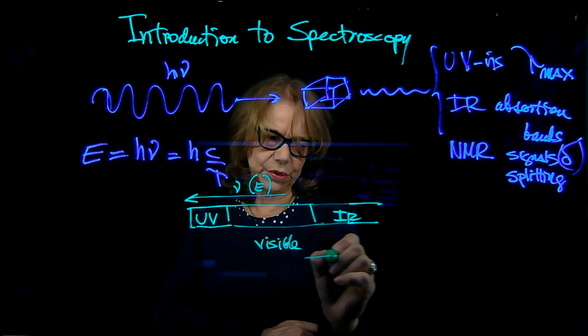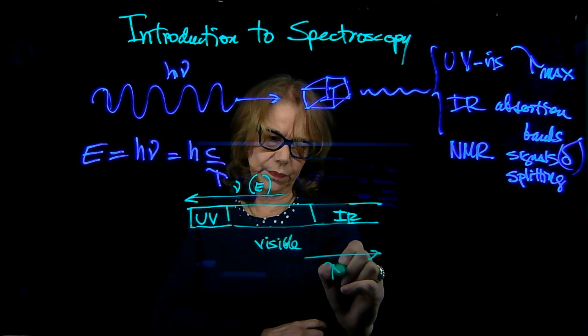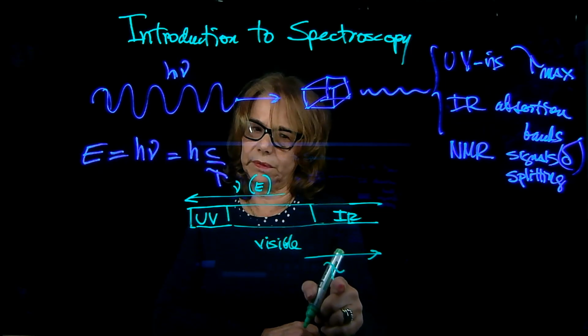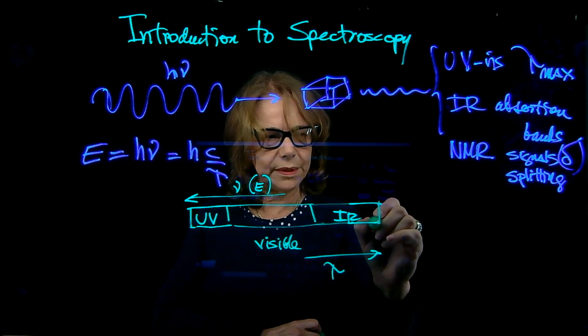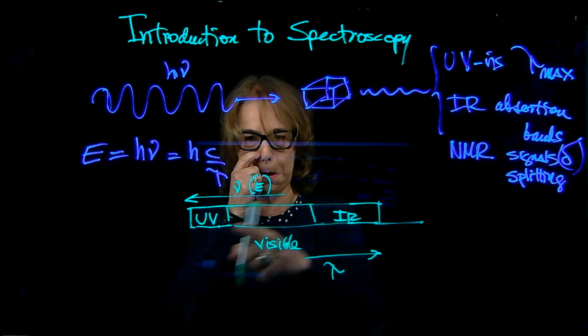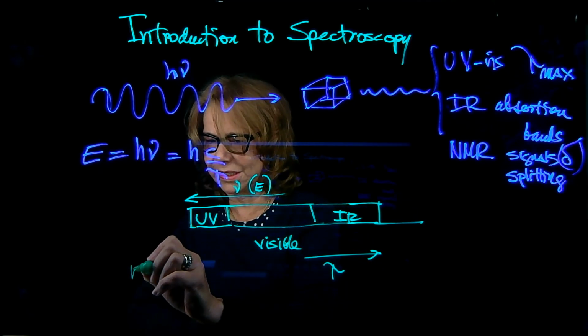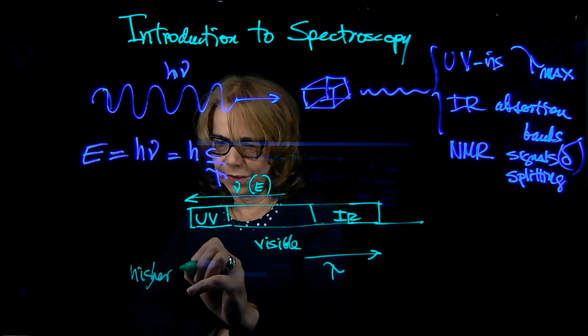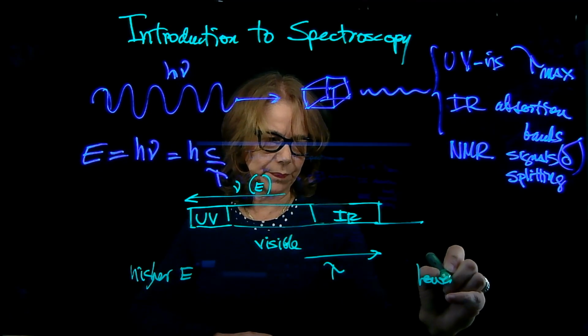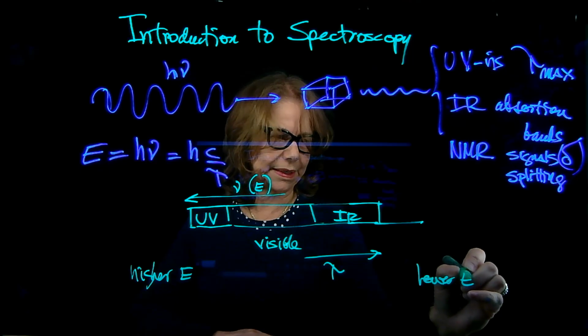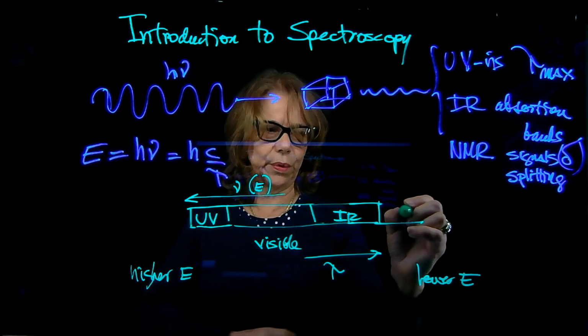You will be increasing in wavelength going over to this side. So higher energy and higher frequencies over here; lower energy of the electromagnetic radiation, so larger wavelengths, over there.